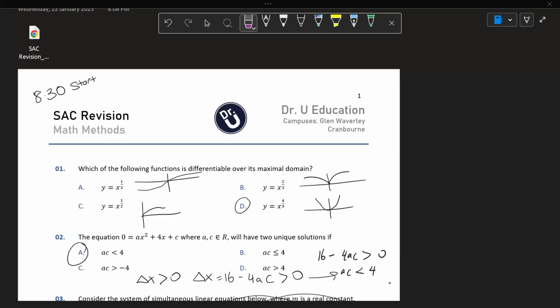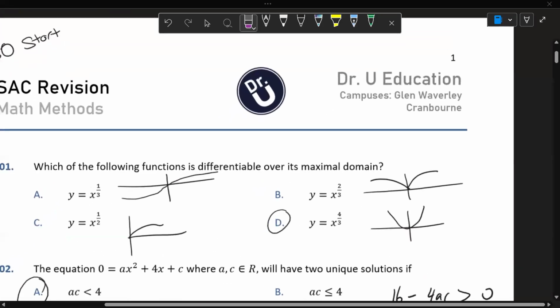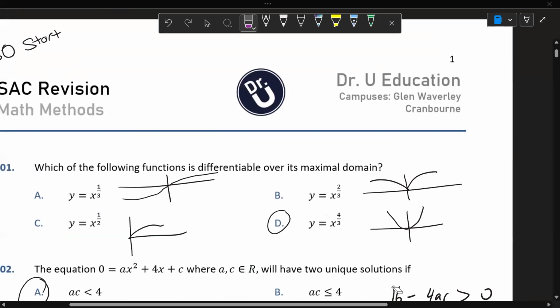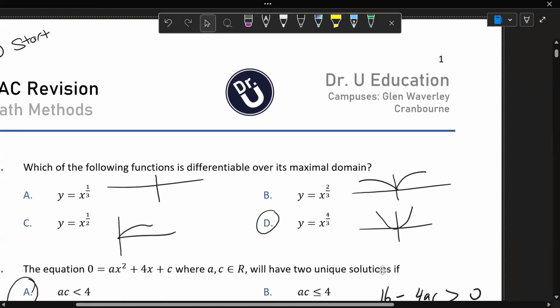Isn't A continuous though? It is continuous, but sorry, the reason A is rejected, right, is because the gradient of A, if y equals x to the power 1 over 3, is actually 0. It's actually a stationary point of inflection. It's like this, it's actually 0 here.